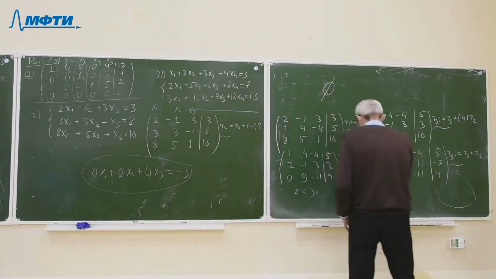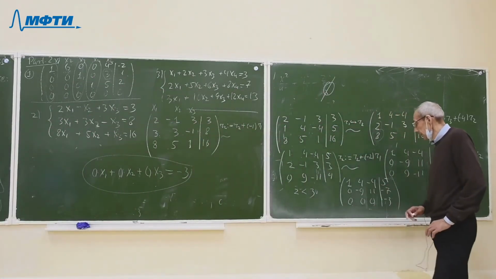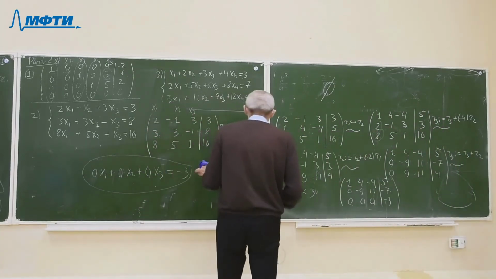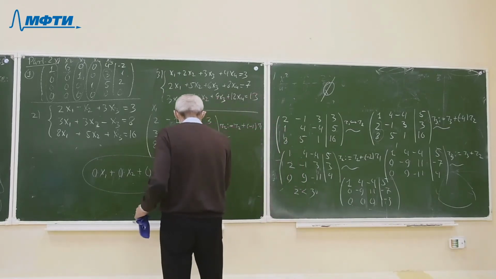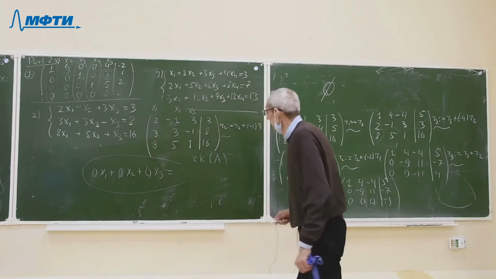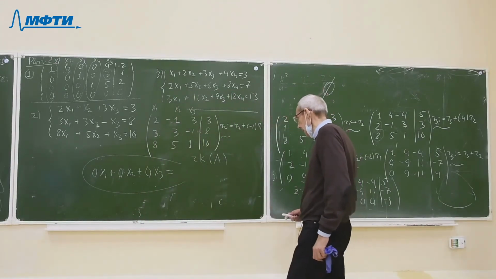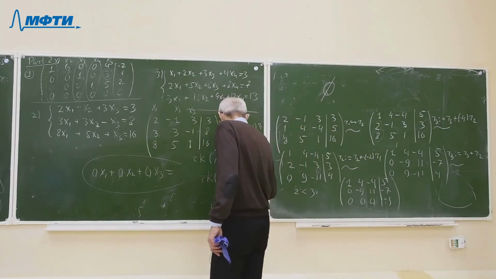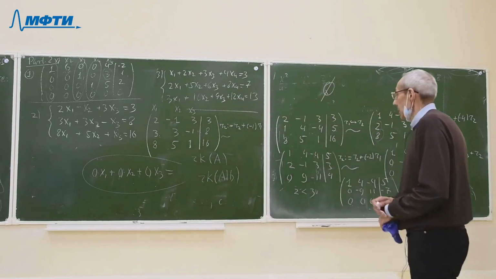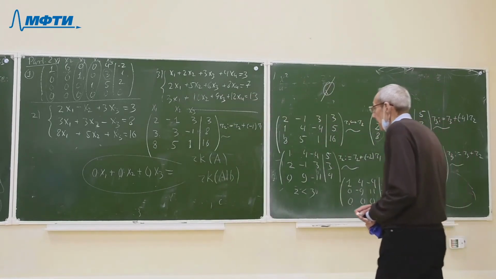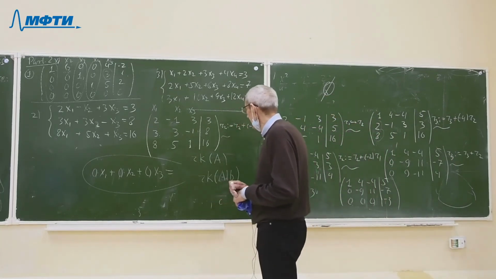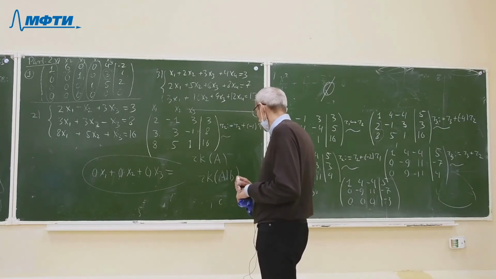The number of non-zero rows of the echelon form of matrix A we will call the rank of the matrix A. And the number of non-zero rows in the augmented matrix of the linear system we will call the rank of the augmented matrix.